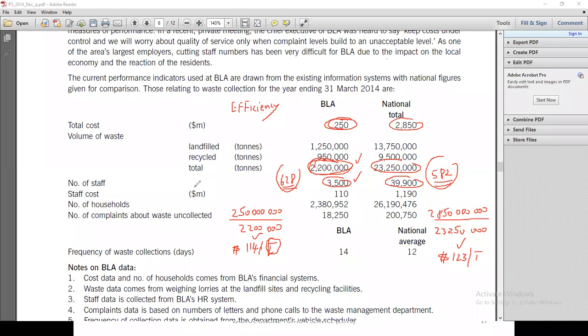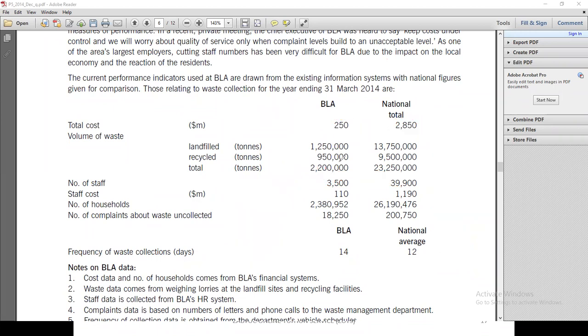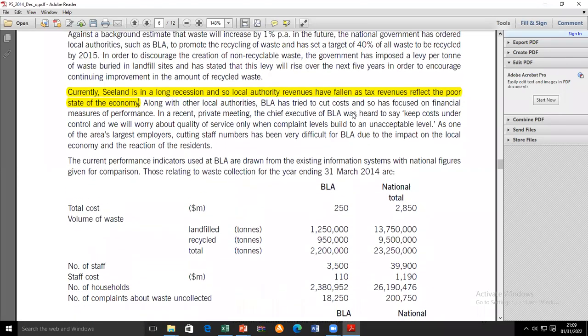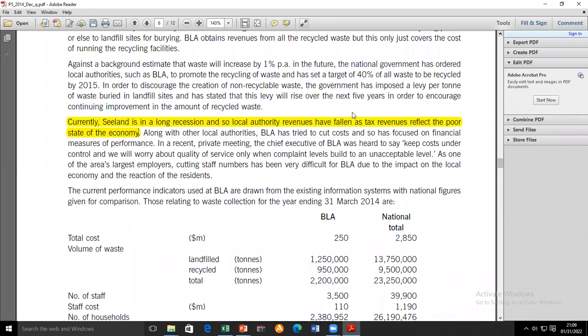Effectiveness, we've got the objectives. Are we achieving these objectives? Are we achieving our objectives? Where are the objectives? They are talking about recycling and all that.